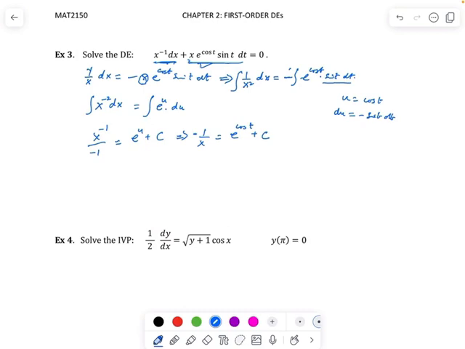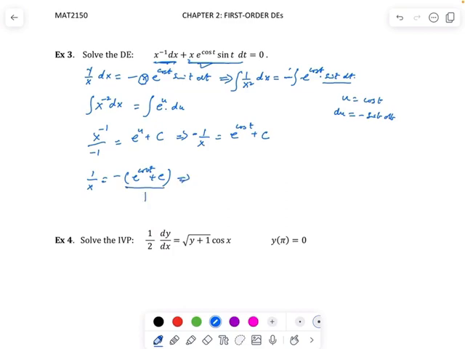Okay, so now we have to get it in terms of x. So what do I do? First thing I do is multiply both sides by a negative sign. So I get 1 over x equals negative e to the cosine of t plus c. So now I flip both sides, because in the numerator here is 1.